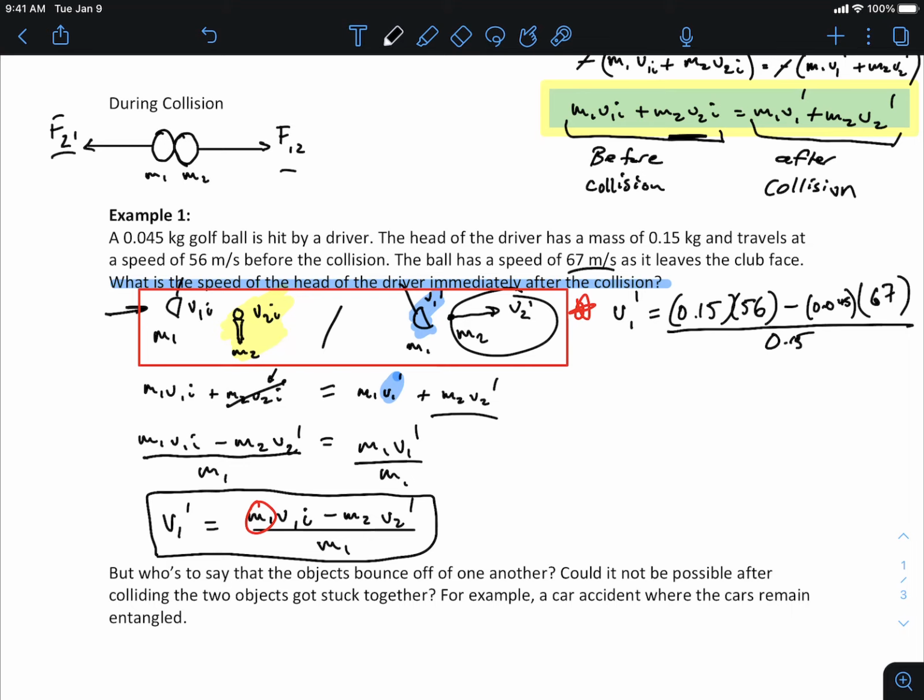If you do that calculation, you should find that the velocity of the driver head after the collision, so V1 prime, would be equal to 35.9 meters per second, if we've done that correctly.